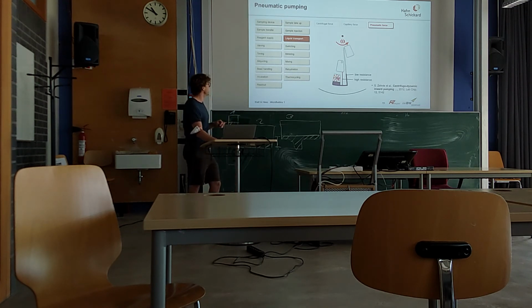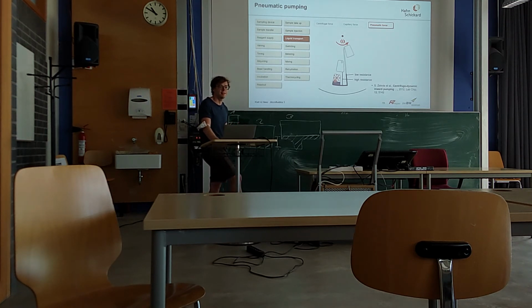It's very important at this point that you have a look at the height of the liquid column. So for these two channels, it's at this position, and here in the chamber, it's at this position. What's your guess? Why is that? What would happen if those two were at the same position here?